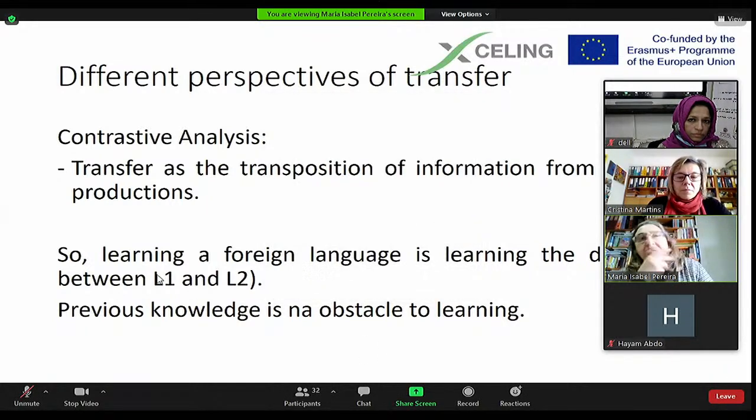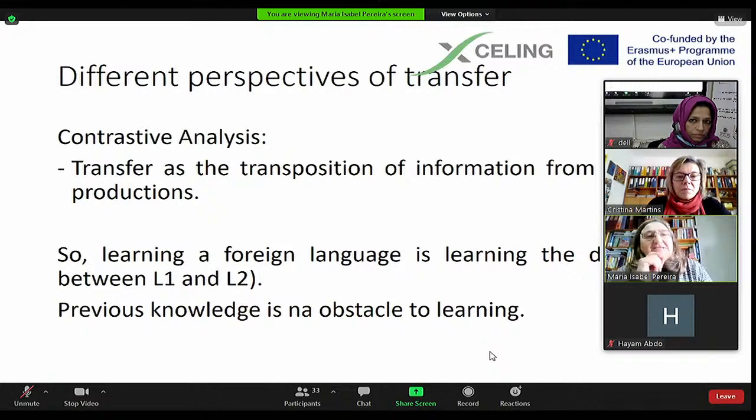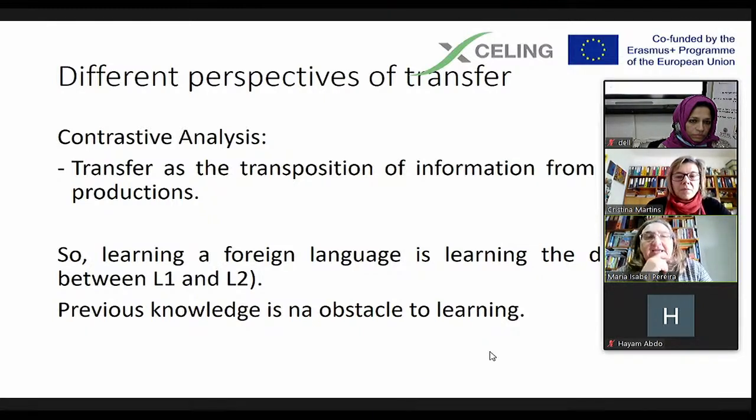Back in the 60s, mainly the 60s of the 20th century, transfer was seen as the transposition of information from L1 to L2 productions.